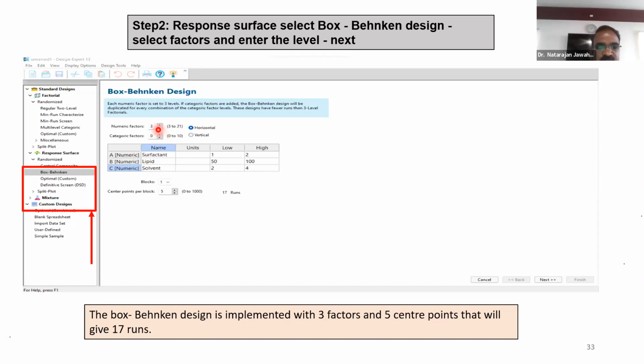Here, we have to put 3 factors, and then click next. This Box-Behnken design is implemented with 3 factors and 5 center points, which will give 17 runs. So here you can see the center points are 5 and the factors are 3, so it will give 17 runs.